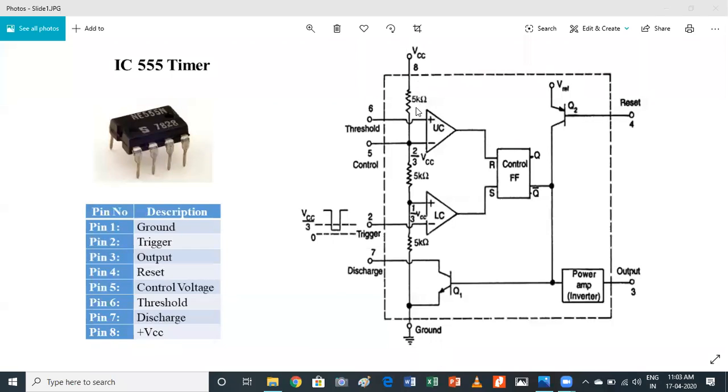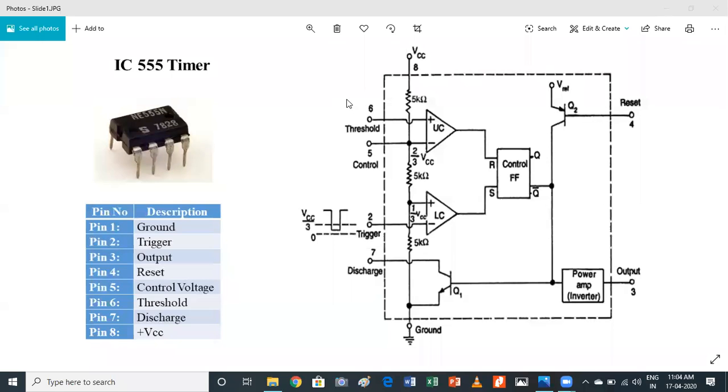And internally there is a voltage divider network, that is 3 equal resistors, 5k resistors, connected in series, which acts as a voltage divider circuit.